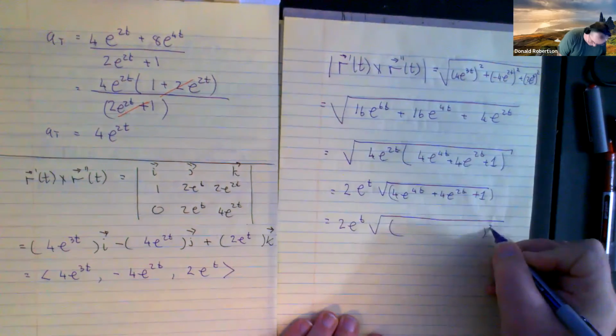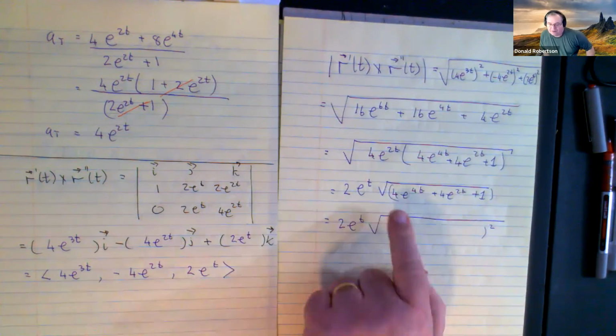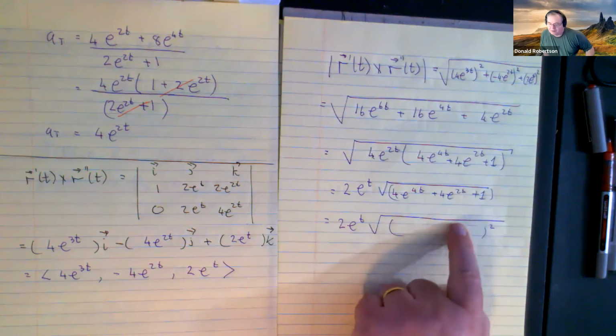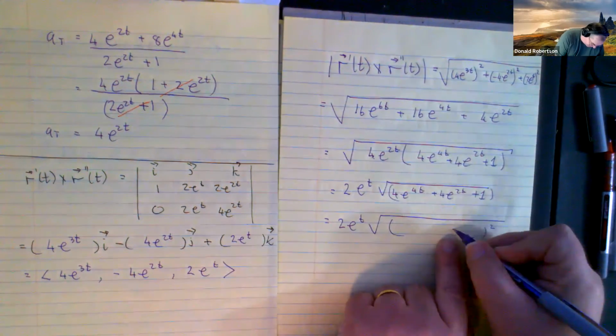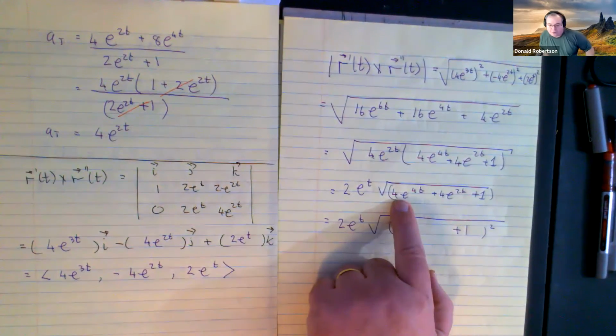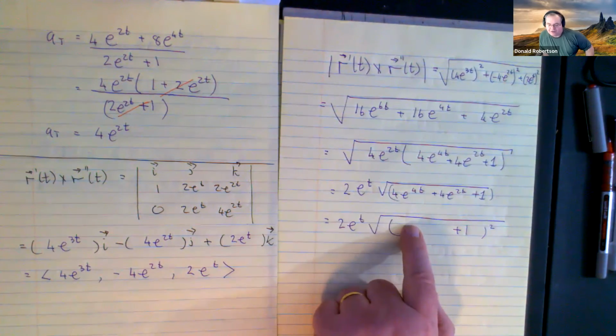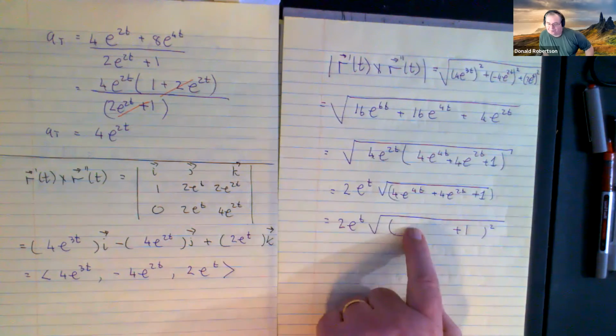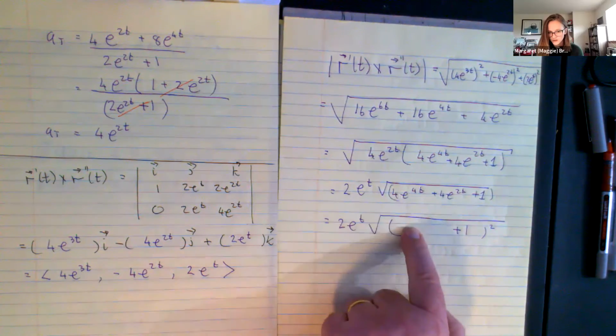This time it is. That guy tells me what goes here. That guy tells me what goes here. I'm putting in the easy one. What does 4e to the 4t generate? What goes here? Two e to the 2t.